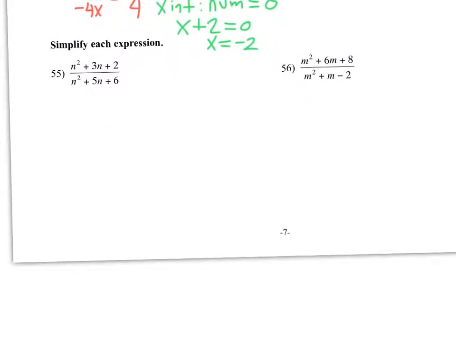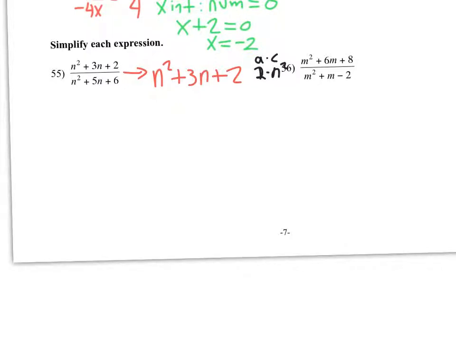For number 55, you've got to simplify the expression. I should ask you for excluded values as well on the actual final. I don't. But here we got to do a whole bunch of factoring. I'll do the factoring out slowly just so we know what's going on. So n squared plus 3n plus 2. Just to remind us, we've got to do a times c, and that would get us 2n squared.